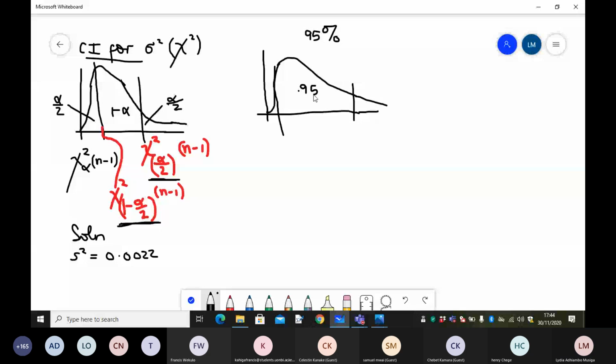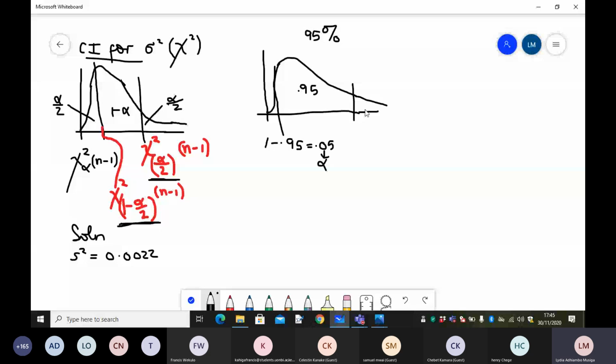So 1 minus 0.95 is 0.05, and this 0.05 is alpha. So what is alpha over 2?